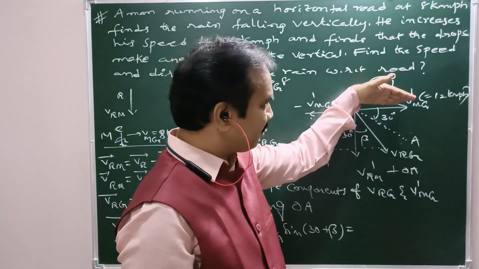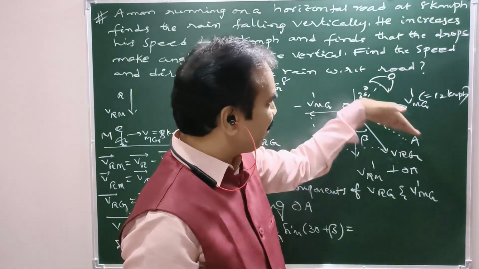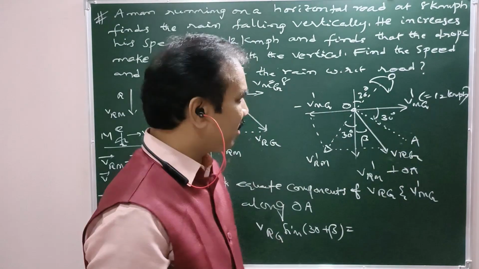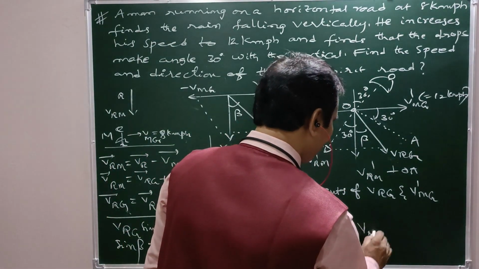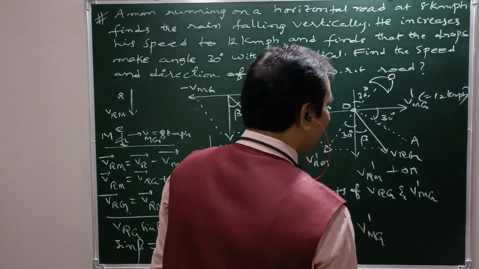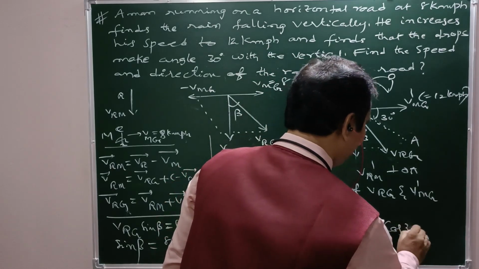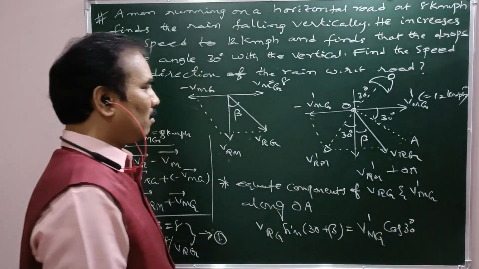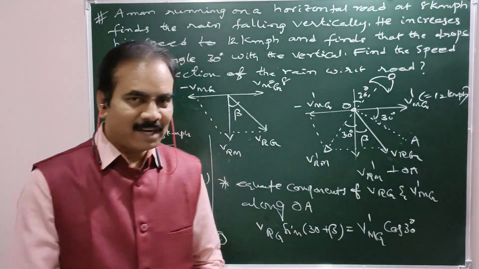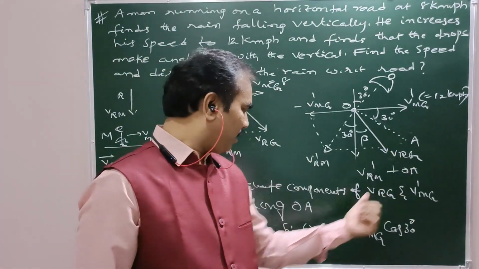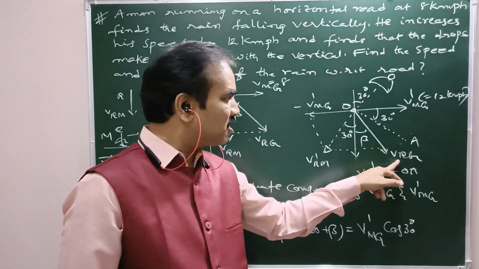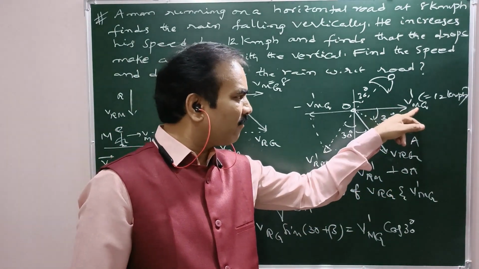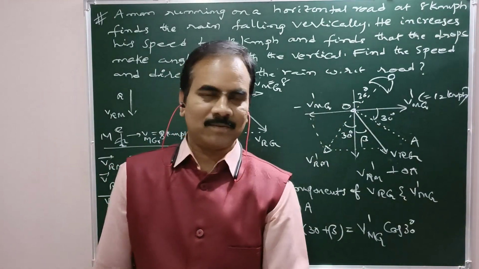Otherwise, VMG dash, and its component along OA is VMG dash cos 30. So simply what we did here was equate components of VRG and VMG dash along OA. That's all.